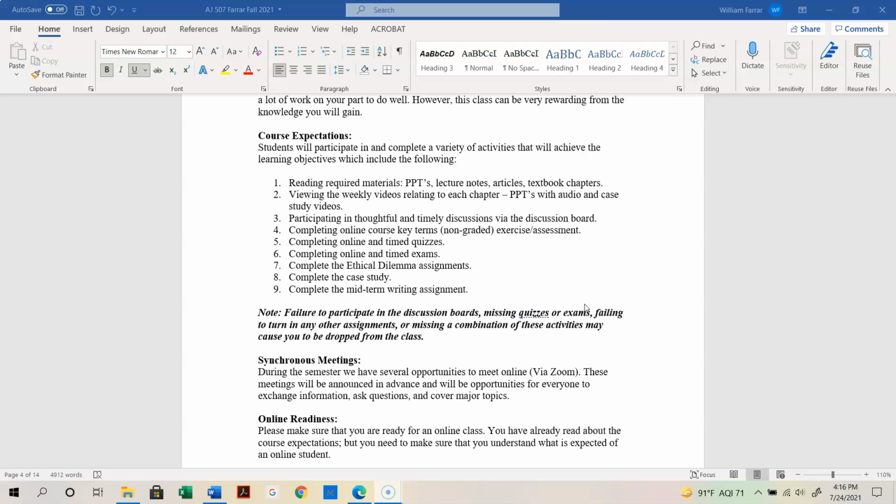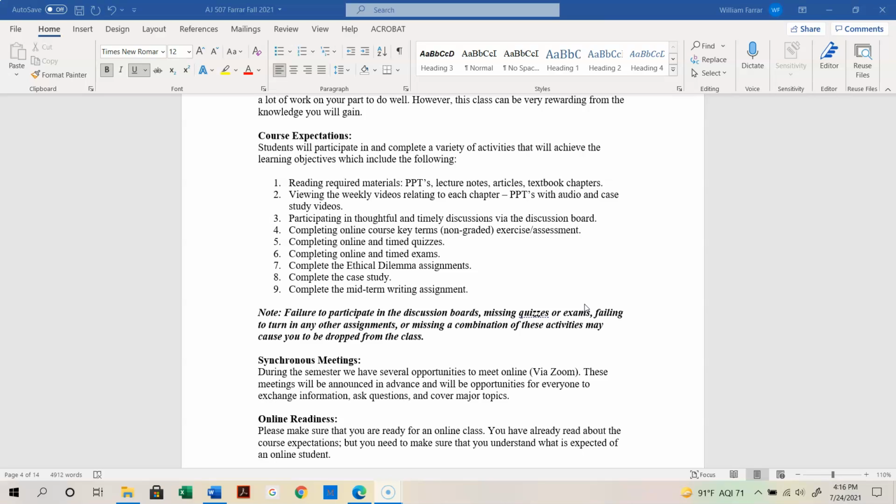Number 4, complete the online course key terms assignment. This is a non-graded assignment, okay? Basically, it focuses on the key terms. It's kind of a matching exercise where on one side of the page is a term and the other side of the page is a definition, and you match them up. It's non-graded. You can take it as many times as you want.